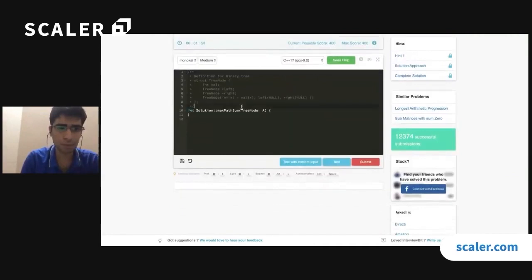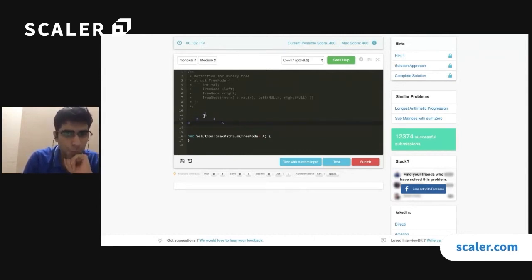What I mean is that suppose there was some tree like this, here is a 1 and here's a 2 and here's a 3, then here is a 4 and then here's a 5.